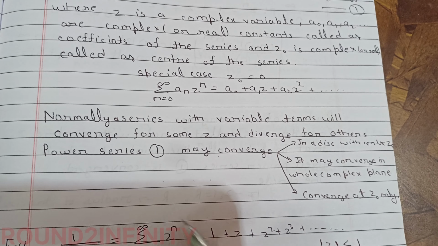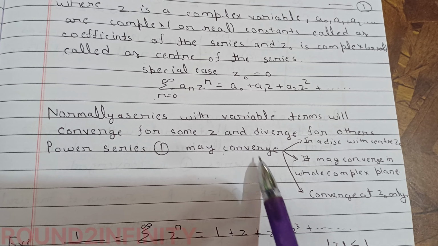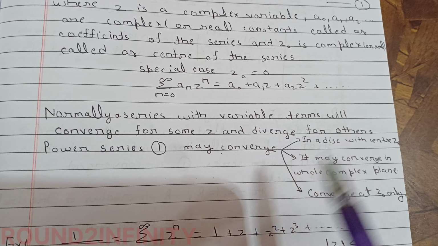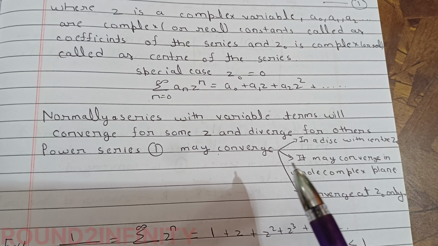It can converge to a particular point or a particular plane, or it can diverge, meaning the series goes to infinity and won't give you a single value. That is the meaning of divergence.